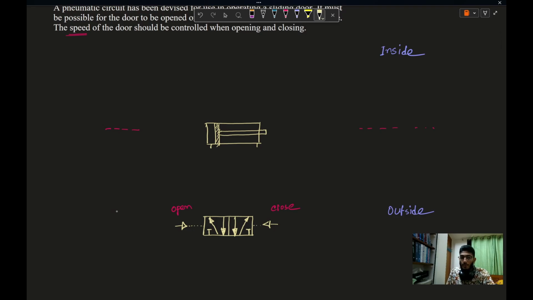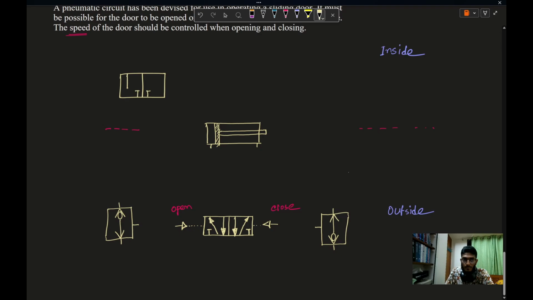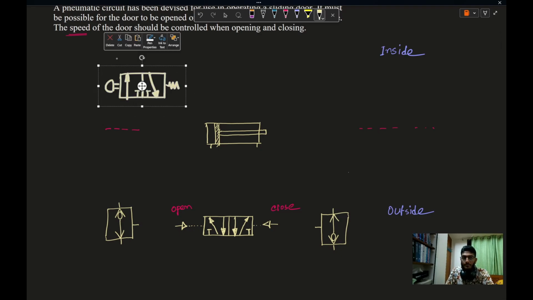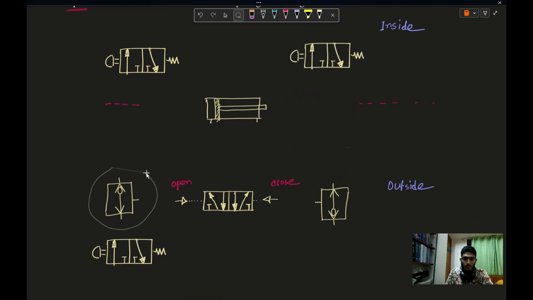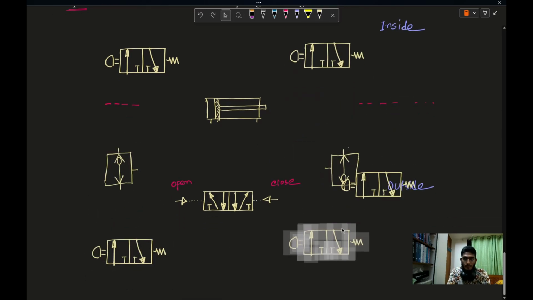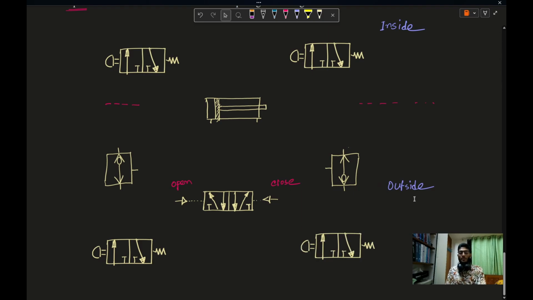Now I need a shuttle valve on both sides. On the inside, we need two direction control valves and outside also two direction control valves. Let's copy this. Okay, we have four 3x2 direction control valves.